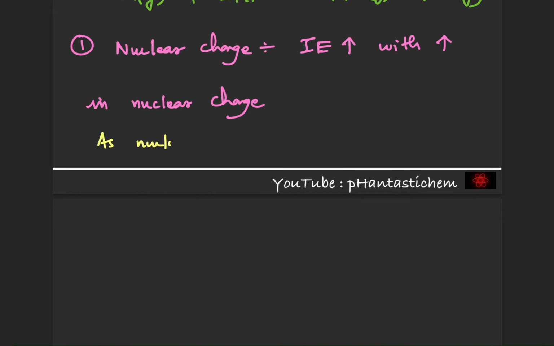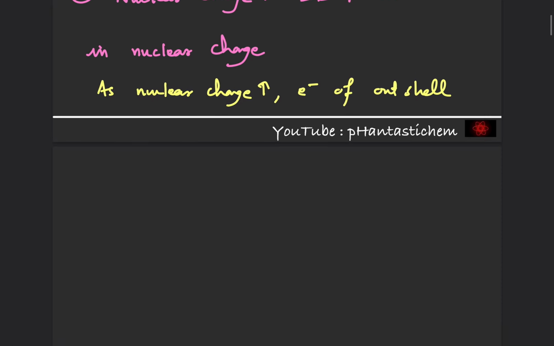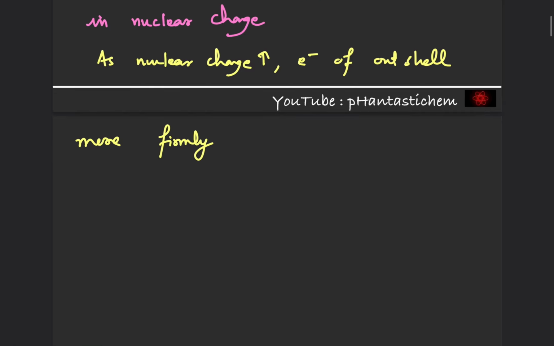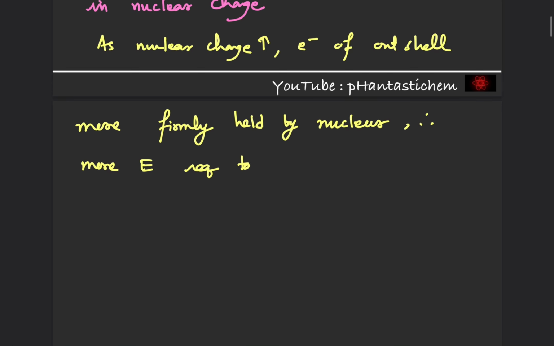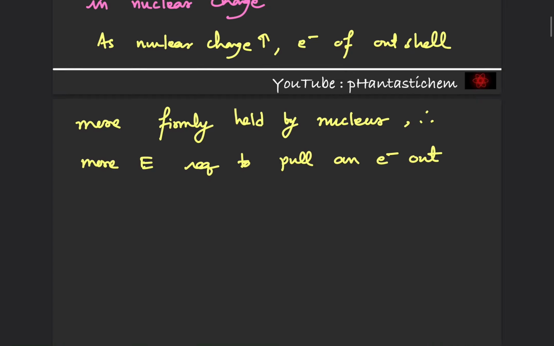As nuclear charge increases, electrons of outer shell are more firmly held by nucleus. So therefore, more energy is required to pull an electron out from the atom.